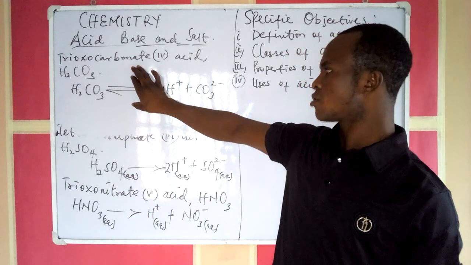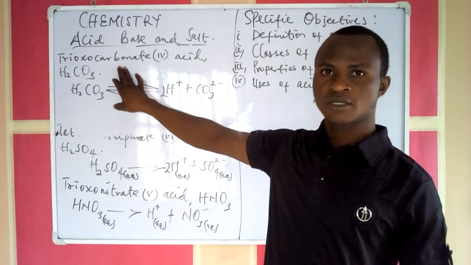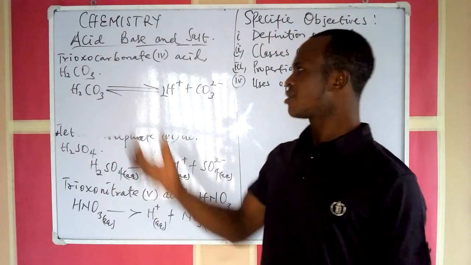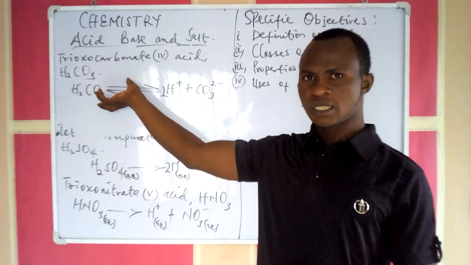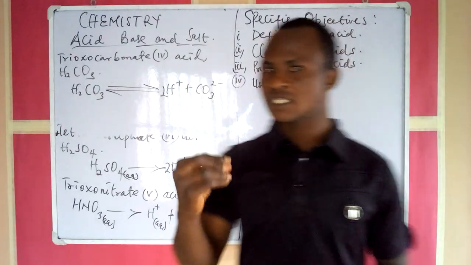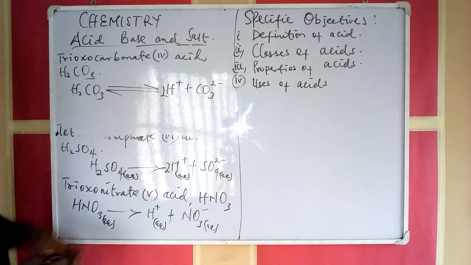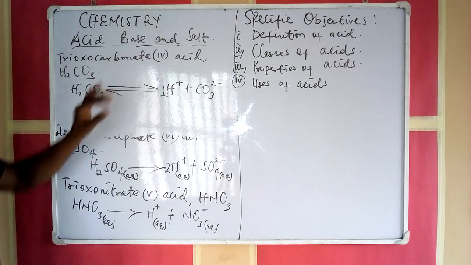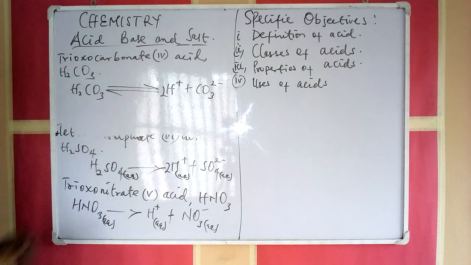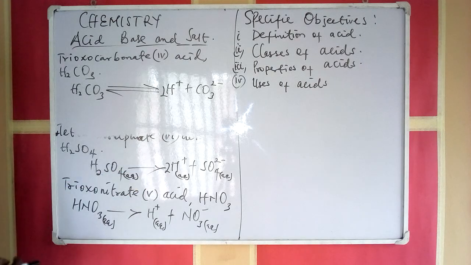This arrow shows partial ionization, which is partial dissolution. It did not dissolve completely in water. This kind of acid that does not ionize completely in water is called what? They are known as weak acids. Those that ionize completely in water are known as strong acids.